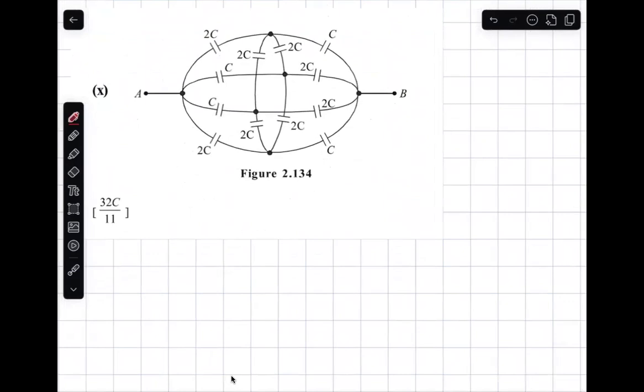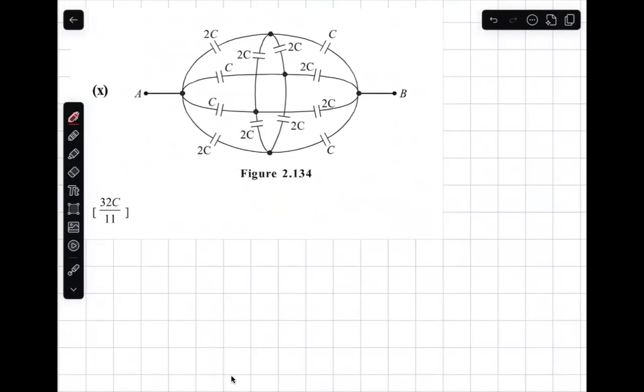This is your next question. You should imagine this in 3 dimensions. It's like a shell or sphere kind of thing.